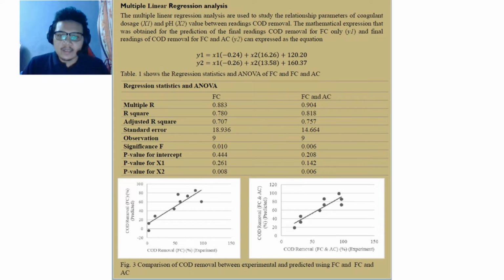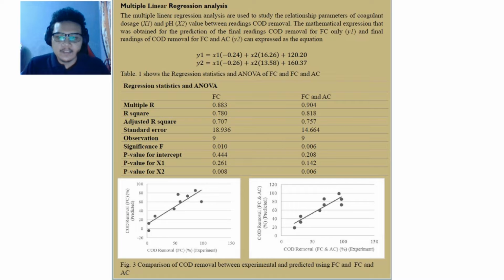For the R squared and adjusted R squared, the value must be above 0.7 for our study to be fitted, while for the significant F, the value must be below 0.05 so that our study can be viable. Also the p-value for x1 and x2 must be below 0.05 to show which parameter is most significant. Here we can see that the p-value for x2, which is the pH value, has a reading of below 0.05, which means that the pH is very significant in this study.